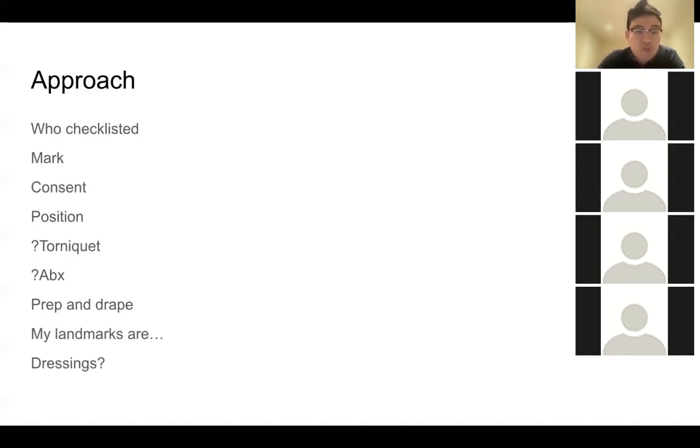So do a fasciotomy. My approach for this would be I would have an appropriately marked and WHO checklisted patient. I would want this patient to be in supine with a sandbag under the ipsilateral hip.